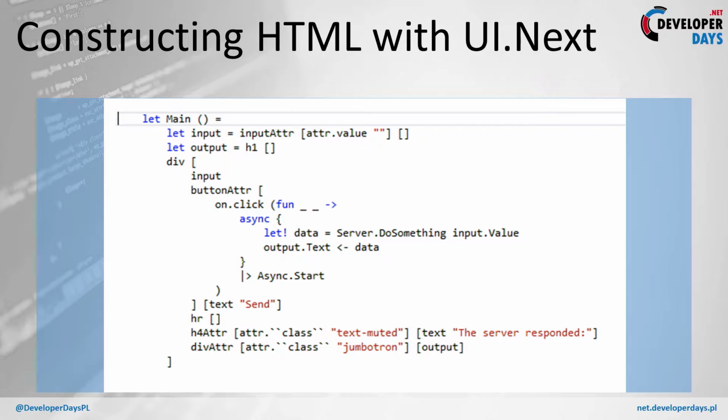Then we have a button next to the text box, which if you click, will asynchronously go back to the server with the content of the text box, get some value back from the server, and embed it inside another placeholder called output, which is underneath. Here's output embedded into this HTML structure.